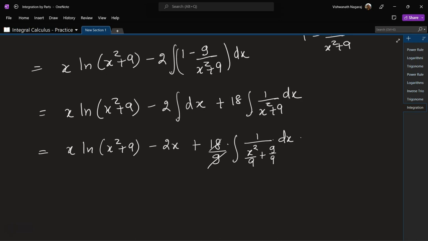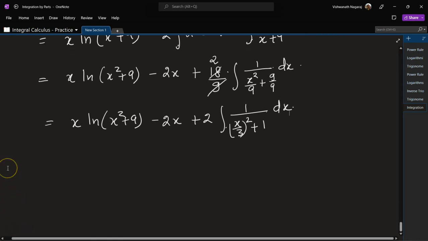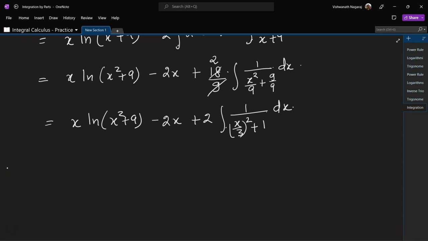Okay, so this and this cancels, we are left with 2. So we have x natural log of x square plus 9 minus 2x plus 2 integral of 1 by x by 3 square plus 1 dx. And we know the pattern, right?